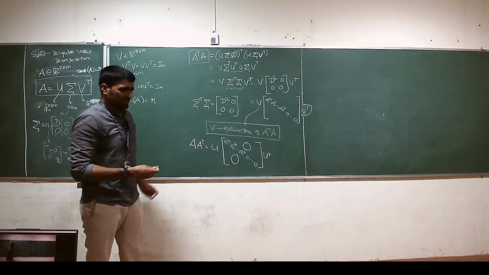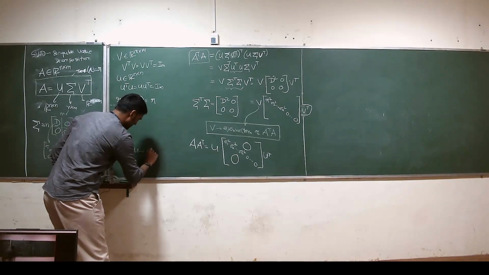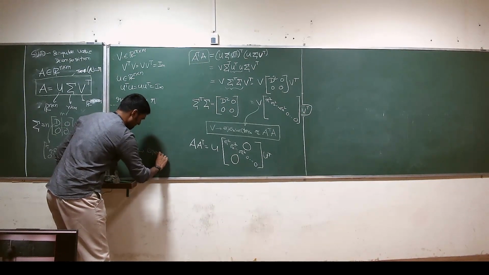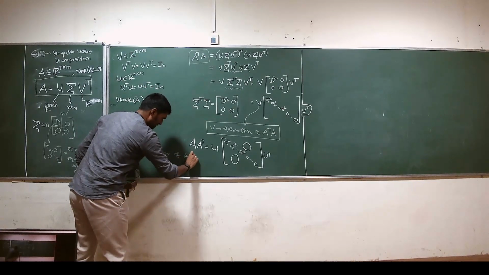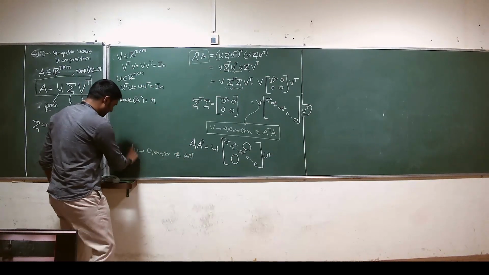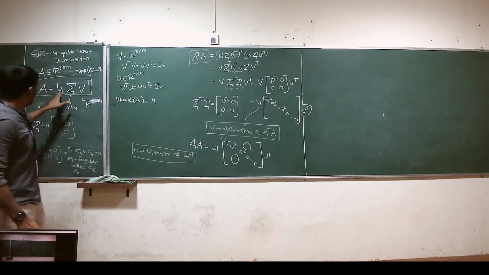And now we know what U is. U is simply the eigenvectors of A A transpose. So we've gotten a handle on what U and V are.